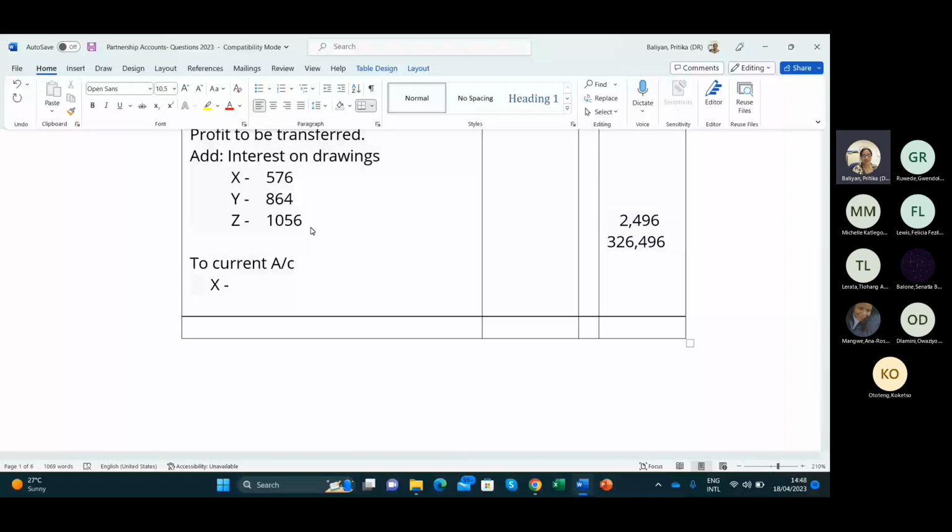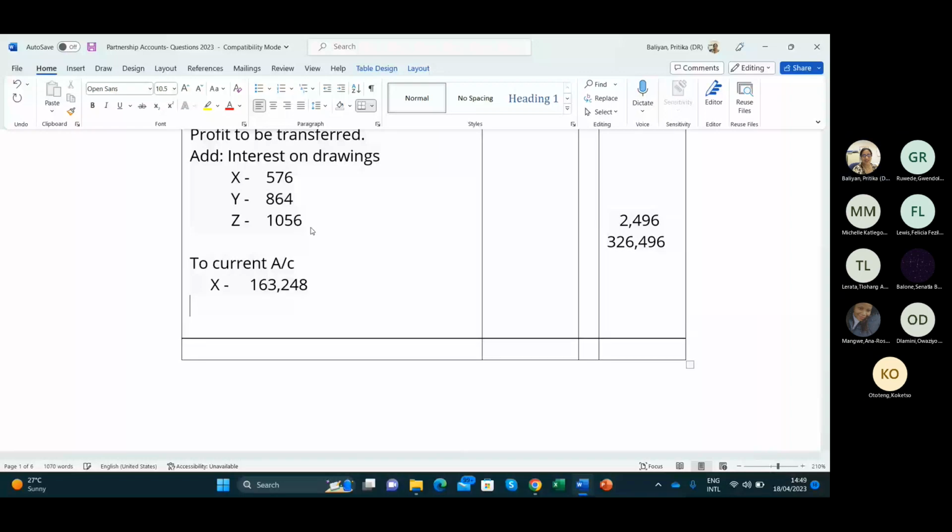So X's current account will have 163,248. Then for Y, 81,624. And the same amount will go for Z, right?